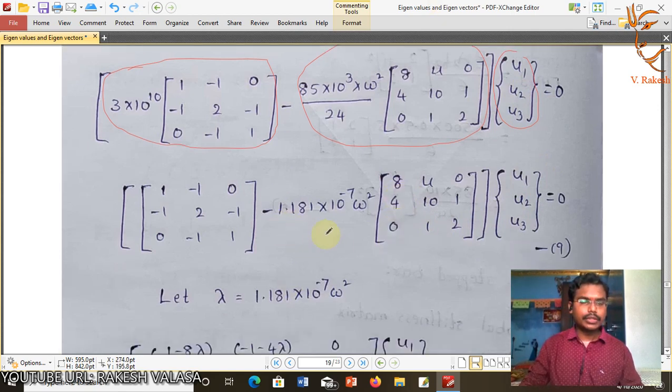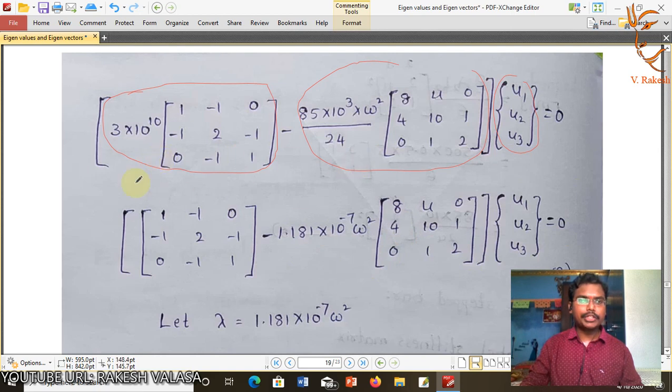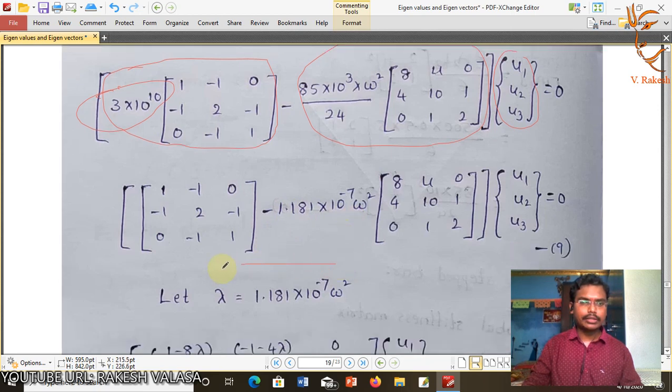Now dividing this entire equation by 3 into 10 power 10, we get minus 1.181 into 10 power minus 7 omega square. Let lambda equal to 1.181 into 10 power minus 7 omega square.